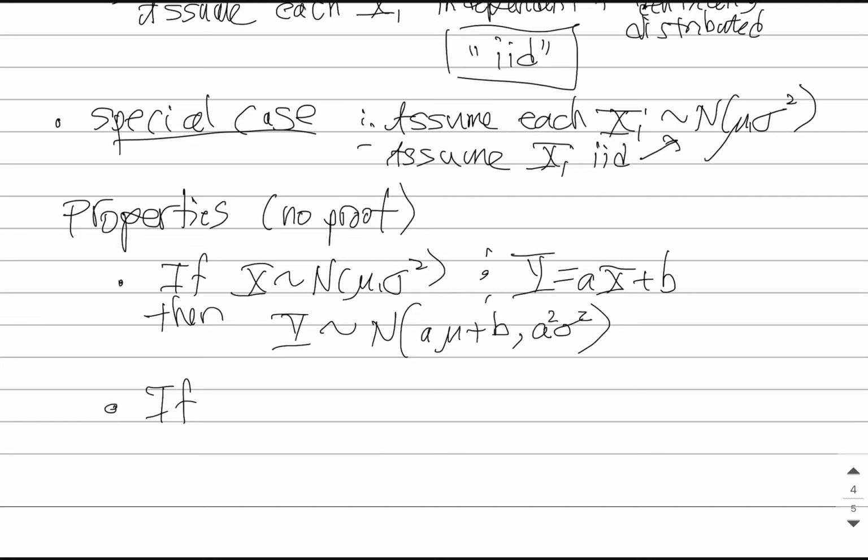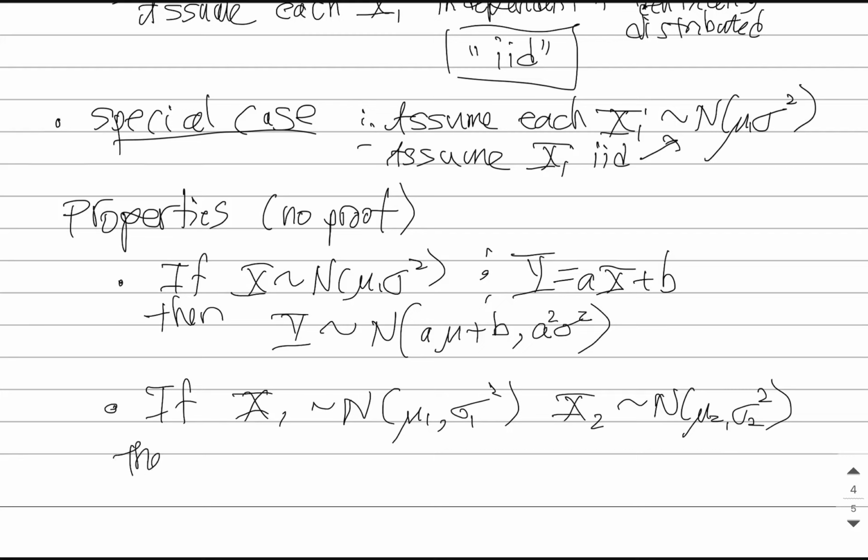If we now have two separate normal variables, x1 being some normal variable that has its own mean and variance, and x2 being some normal variable with its own mean and variance. So we are now stepping away from the whole IID business, but we are trying to come up with some basic properties related to these.